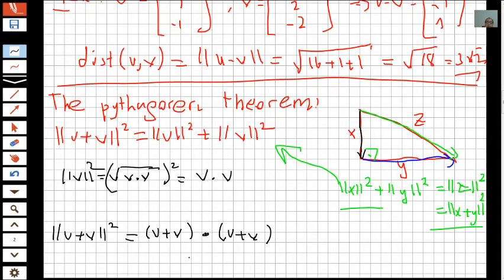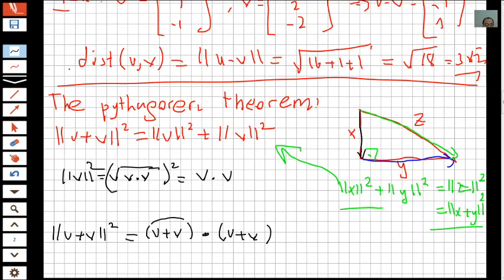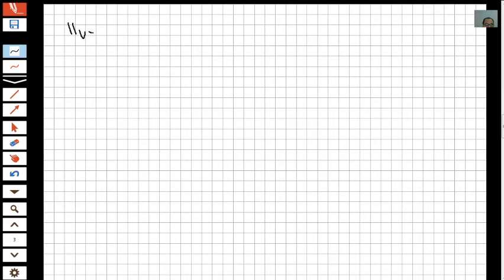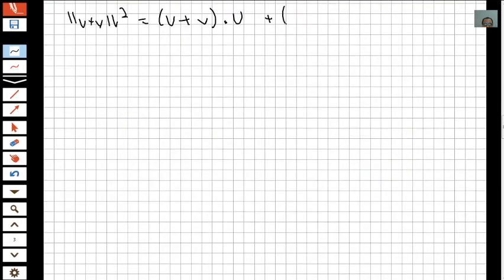And we have the distribution property. So if we consider this one just as a vector, namely u plus v, the length squared is equal to (u plus v) dot product (u plus v).